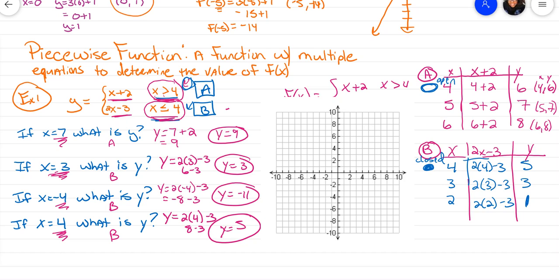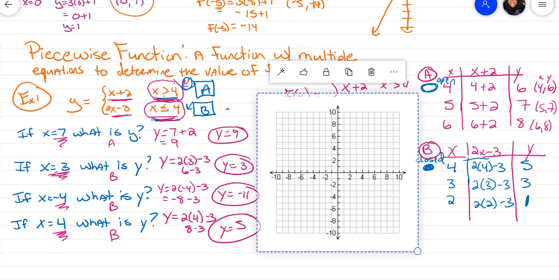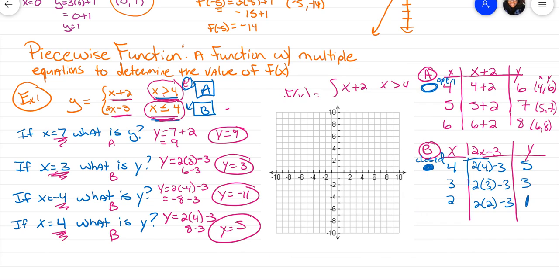So now let's graph this. The first point is 4, 6. 4 and 6. This is open. Then I have 5, 7. And then I have 6, 8. So that will look like this, going that way.